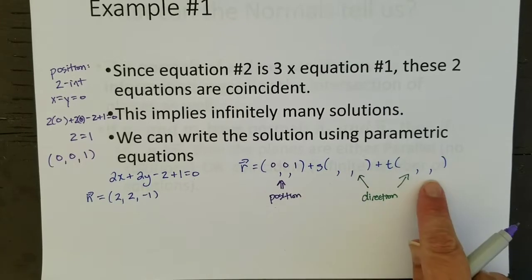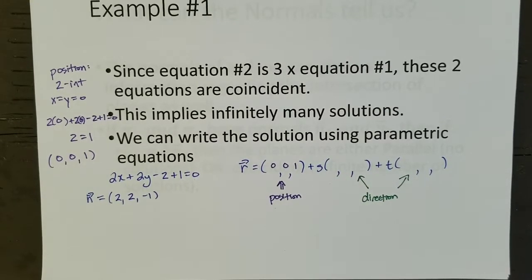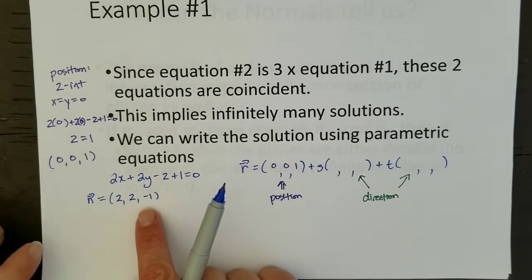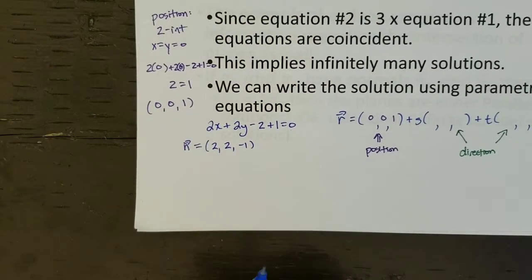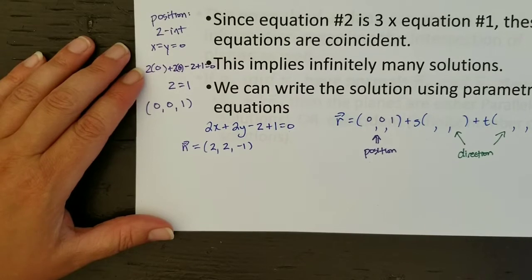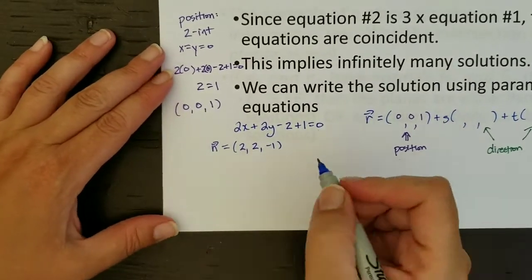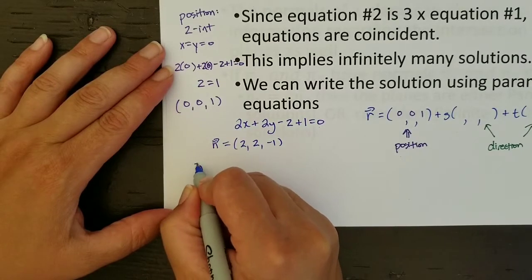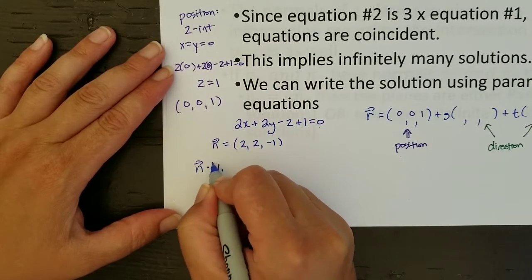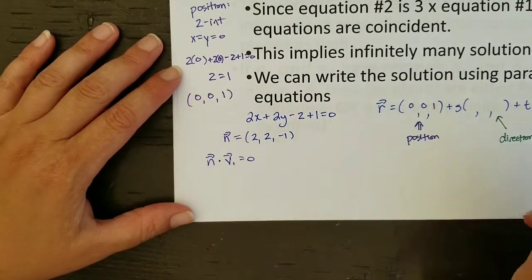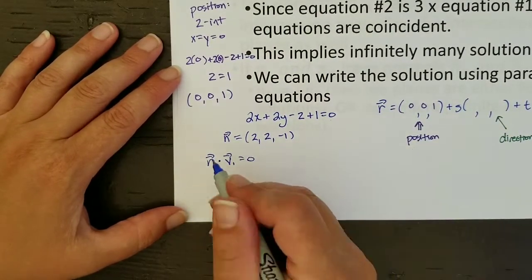For my two direction vectors, I know that the direction vectors are all perpendicular to the normal. So we would have any vector that if I gave the dot product with this, it would give me 0. So I'm going to say n dot v1, direction vector 1, equals 0, because we know that the normal is perpendicular to all of those.